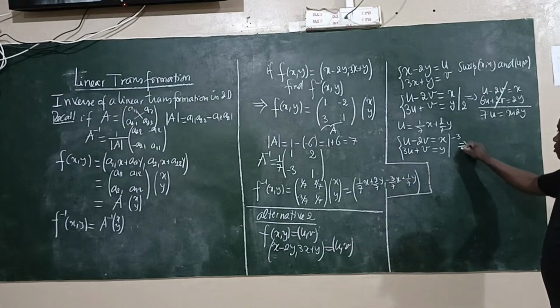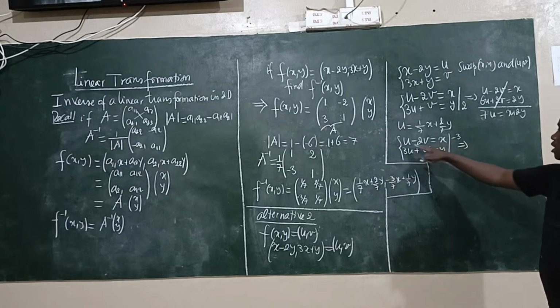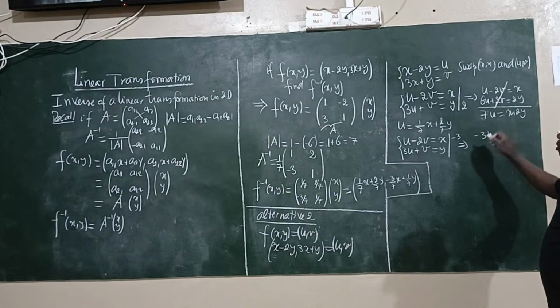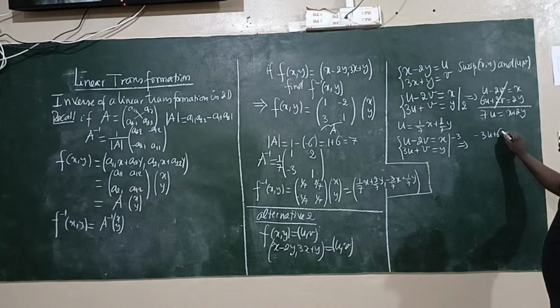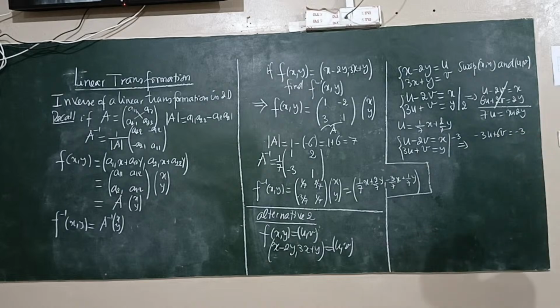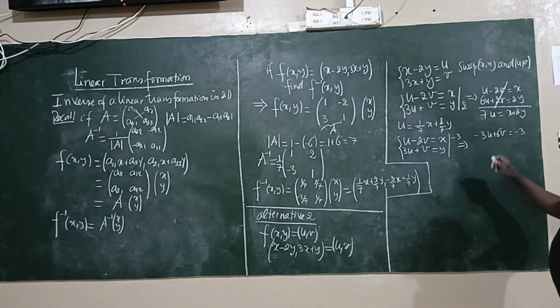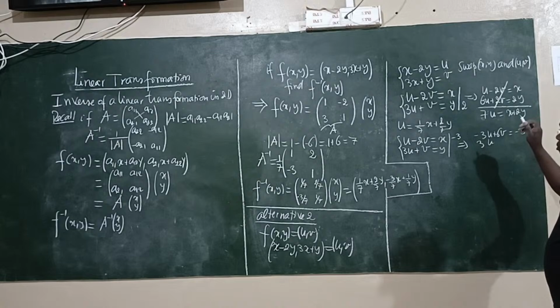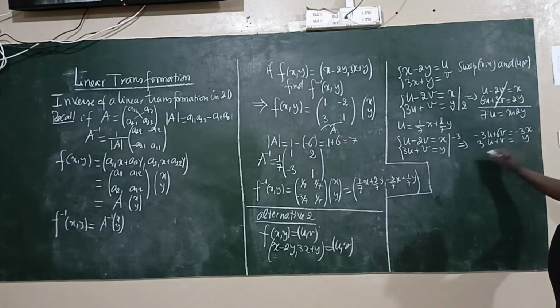This is going to be minus 3 times u, this is minus 3u, minus 3 times minus 2, that is plus 6v, and this is going to be minus 3x. Now here we have 3u plus v, which equals y.